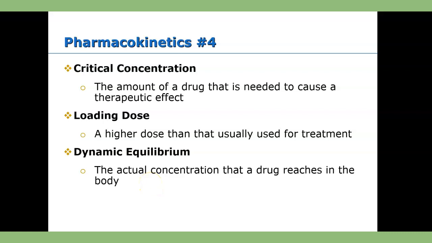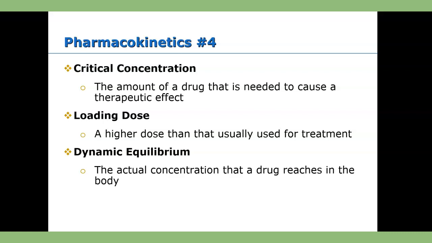All right, so here are some things that are important to know. Critical concentration: what is the amount of drug that's needed to cause the therapeutic effect? So what's the dosing? If you look it up in a drug book, it'll say initial dose 25 milligrams. I'm using this as an example, let's say sertraline.